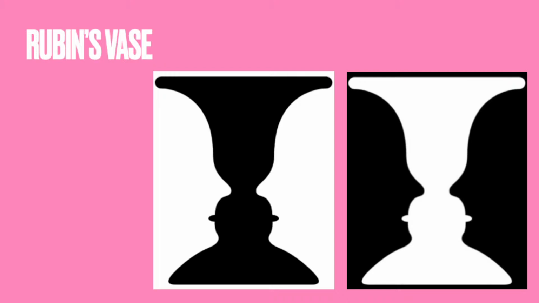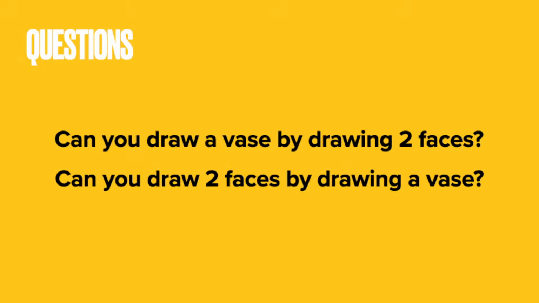Now I wanted to ask you these questions. See how we can apply this to drawing. Just imagine you're going to try to draw those images we just saw and think about these questions.